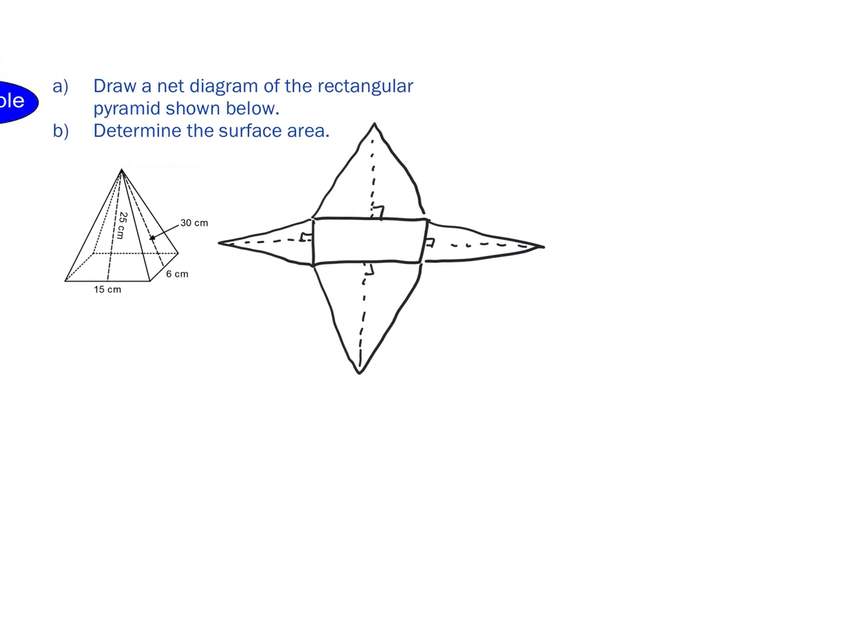What is the length of the rectangle? 15, thank you. And the width? 6, thank you very much.